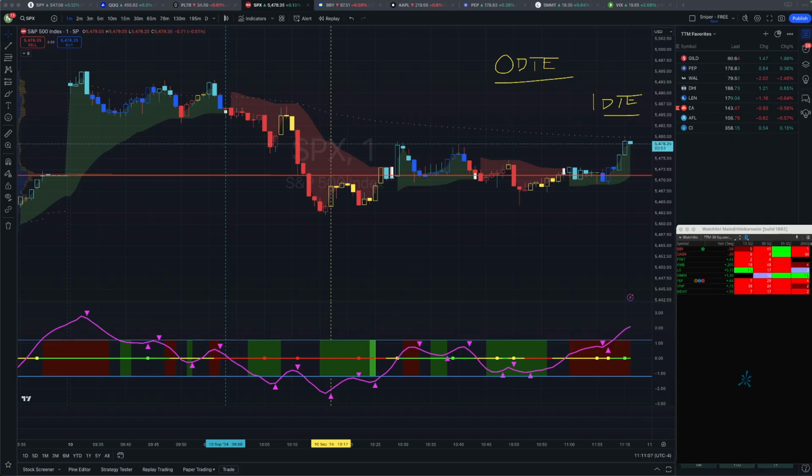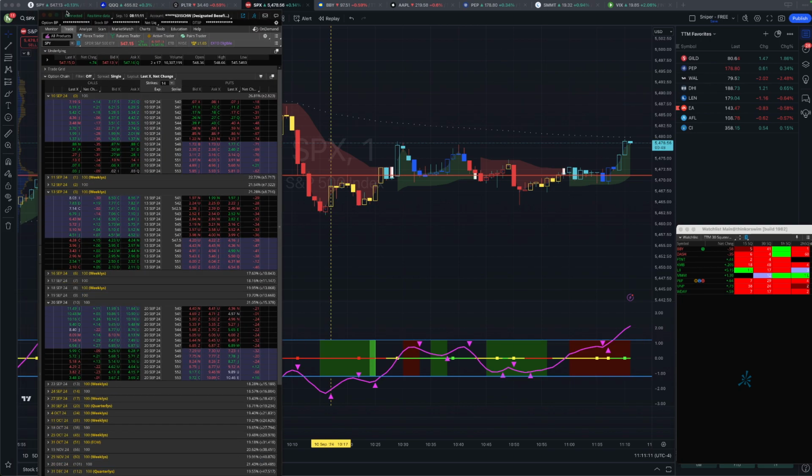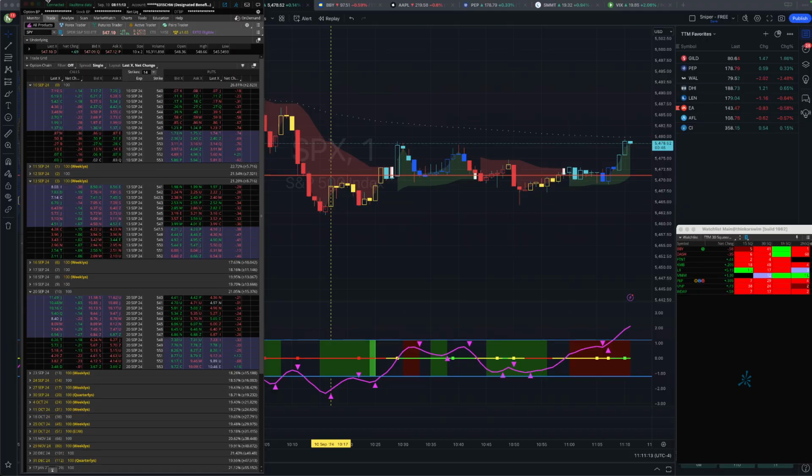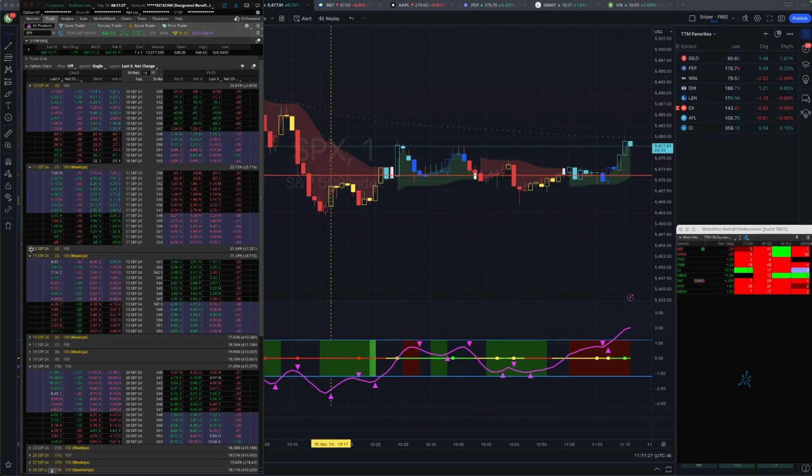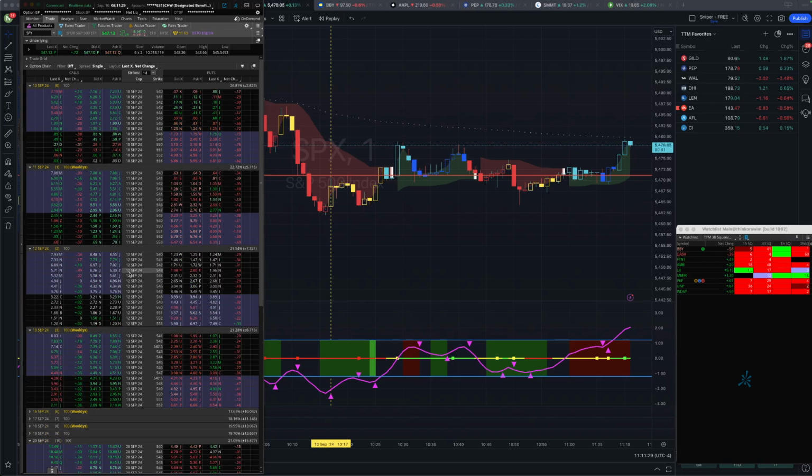You'll hear a lot in the trading community about zero DTEs. They're risky, but they're inexpensive. So this is the SPY option chain here. Zero DTE is an option that expires today, and the reason we play these on the SPY or the SPX or the ES futures is that we can access these zero DTEs.